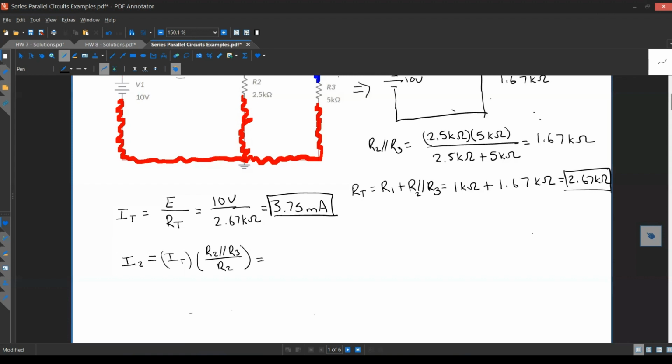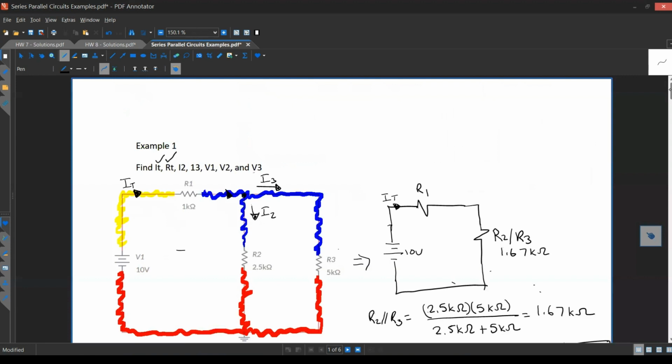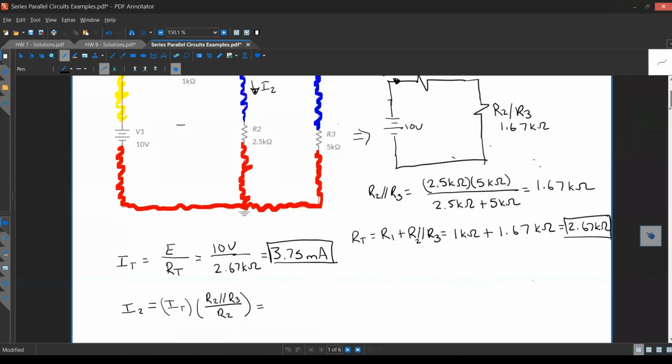Okay, so we have I total going into this combination right here, which we calculated to be 3.75 milliamps.